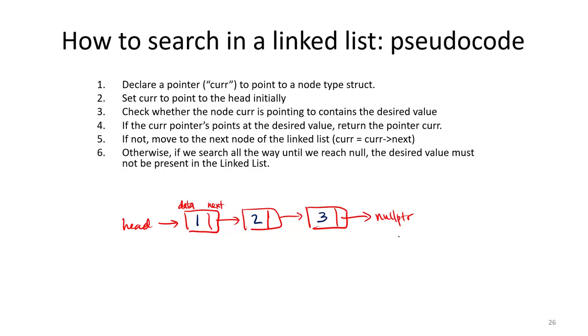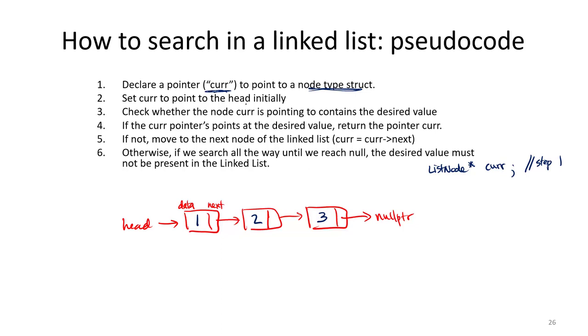Here is some pseudocode explaining how we would actually perform that search. First step is to declare a pointer called current, or whatever name you prefer, and we want it to point at the same type of struct as our node. So in this case, we could write the code list node star cur, because we want to declare that list node type pointer.